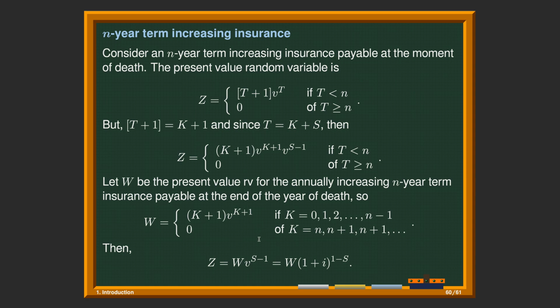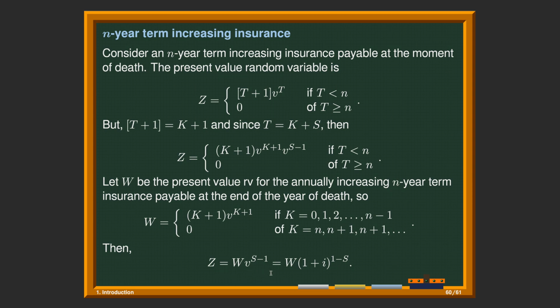And then, let's use W instead of Z to denote the present value random variable of an annually increasing n-year term insurance payable at the end of the year of death. Earlier we made use of Z to represent that, so let's use W now. So W is K plus 1 times V to the K plus 1, where K goes from 0, 1, up to n minus 1, and 0 when K is n, n plus 1, n plus 2, and so on.